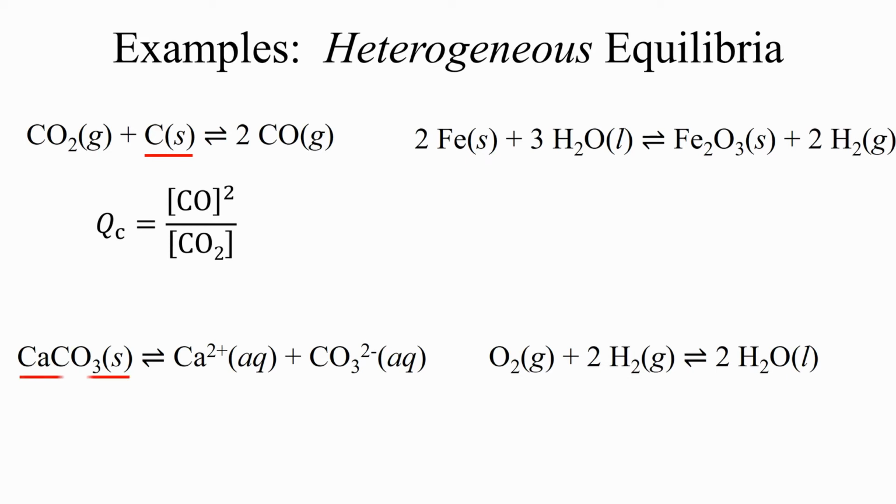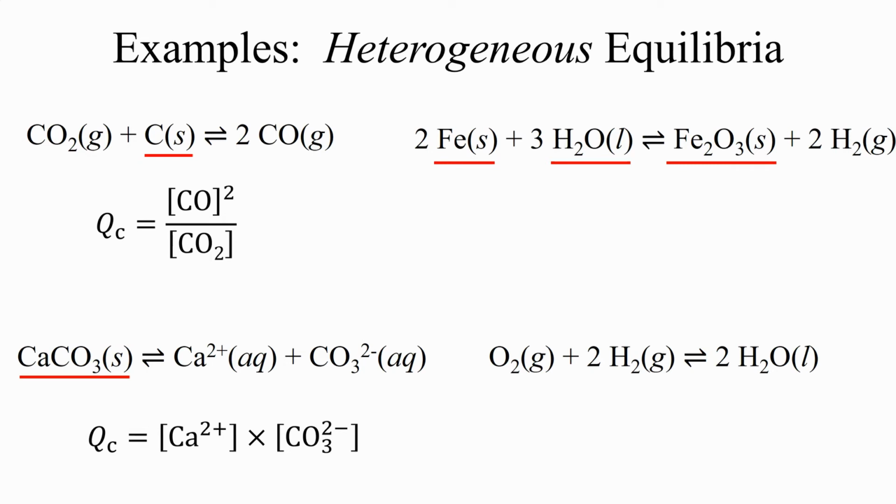In our second example, calcium carbonate is the only reactant, and that is a solid, so that does not appear. So this equilibrium quotient is just simply the concentration of calcium times the concentration of carbonate. In the next example, we see that we only have one component of the reaction that is a gas.